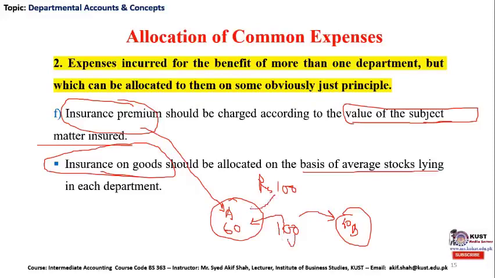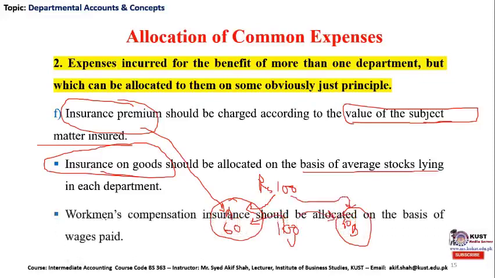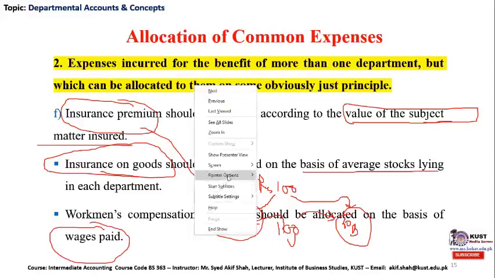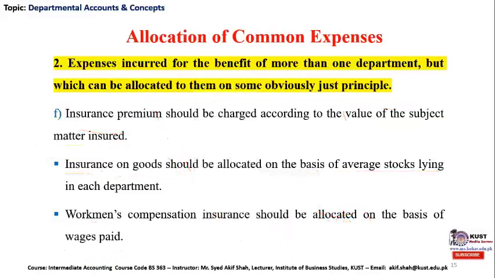Then out of this 100 rupees, 60 rupees of insurance expense will be charged to department A, and 40 will be charged to department B. We can also allocate workman's compensation insurance on the basis of wages paid to each worker in the specific department.